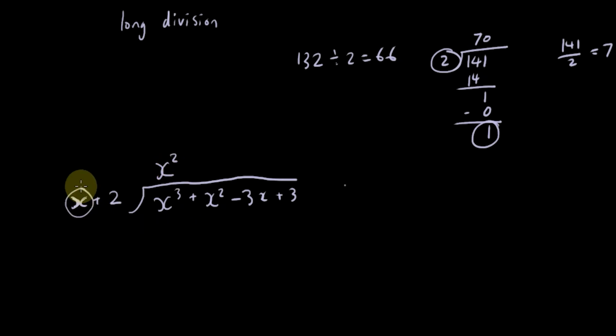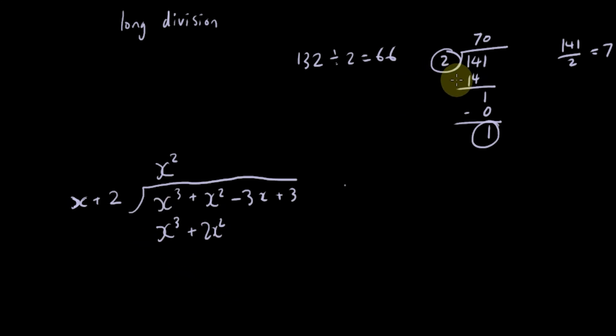So x times x squared is x cubed. Okay, so that's good. But what about the 2? Well, you also have to multiply the 2 by x squared. So you write plus 2x squared. You've got to write it like that.